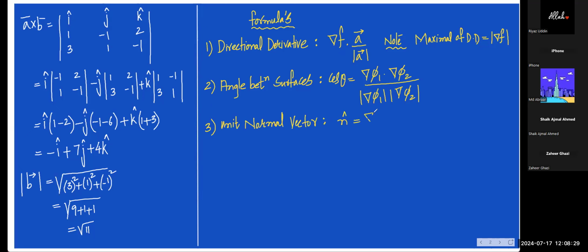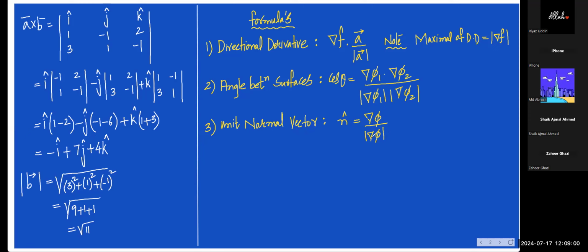The formula is del of whatever is there in the question: if f is there take f, if phi is there take phi, if g is there take g, depending upon the question, the value of the surface. This is the formula to find the unit normal vector. I have already told you about irrotational and solenoidal in the notes. So I think it's the right time to start the questions and do the problems.